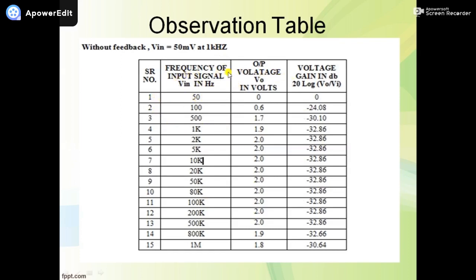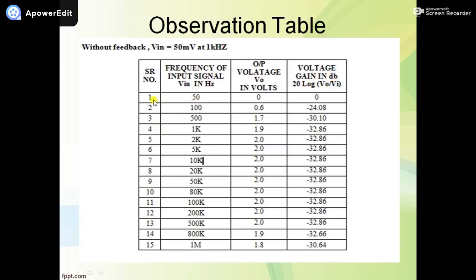In the observation table, this is your input signal frequency, this is output voltage, and this is voltage gain, and this voltage gain is measured in terms of decibels.